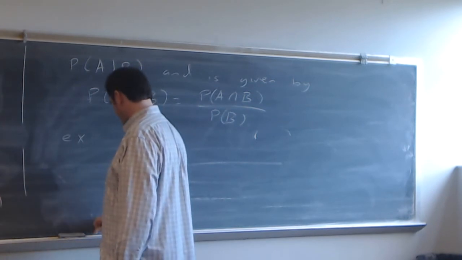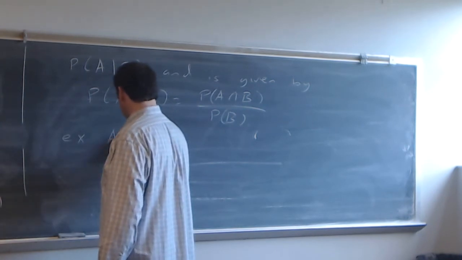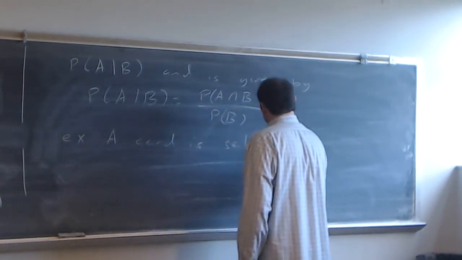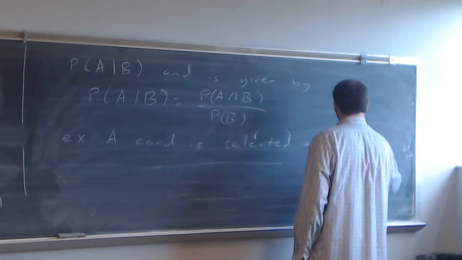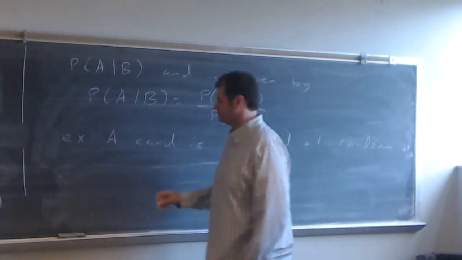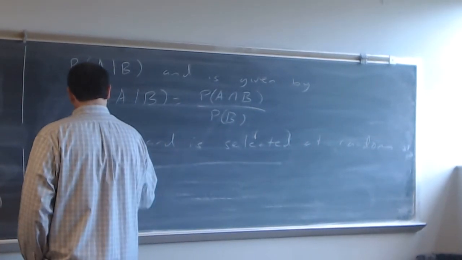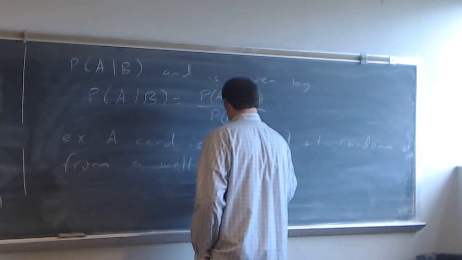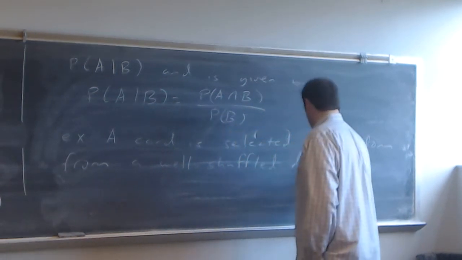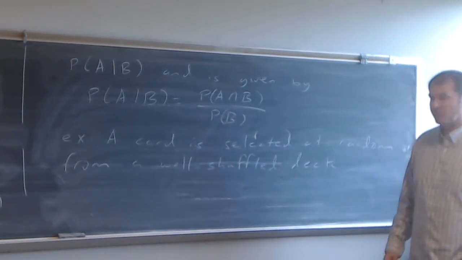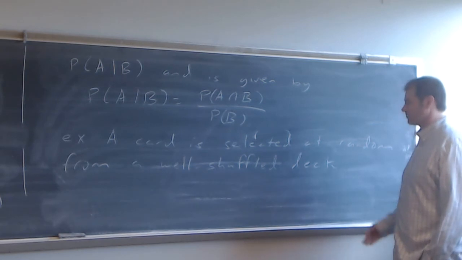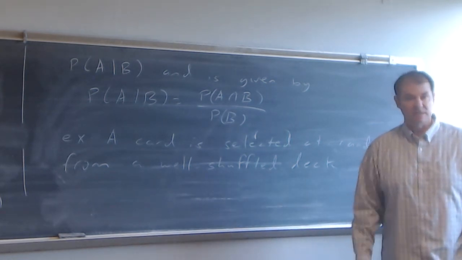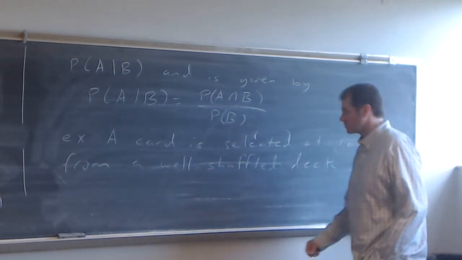Let's say a card is selected at random from a well-shuffled deck. So I'm thinking about a standard deck of 52 cards, shuffling it, and then we just randomly select a card, and that means that each outcome is equally likely to be obtained for the card. So here's what we're going to find.